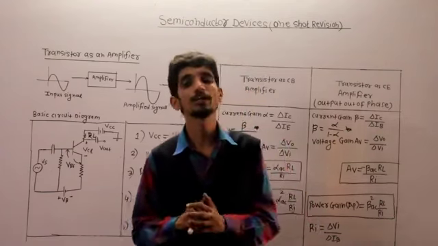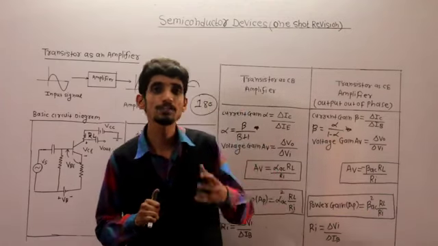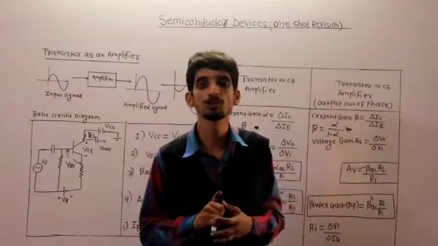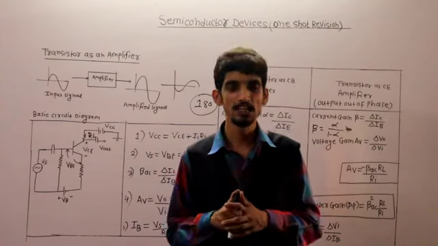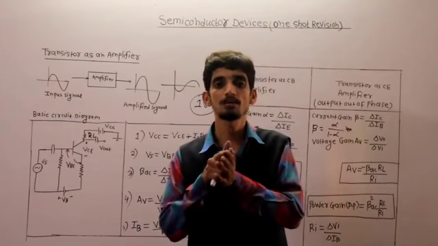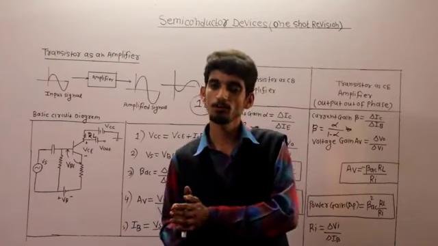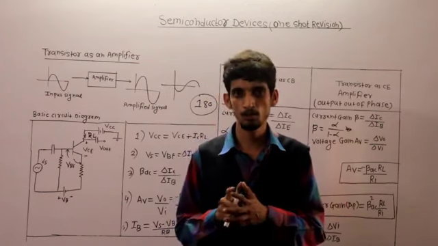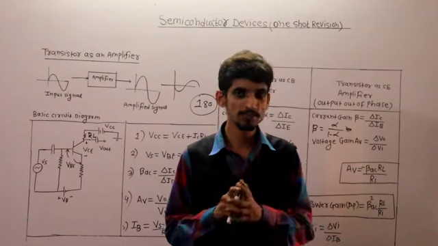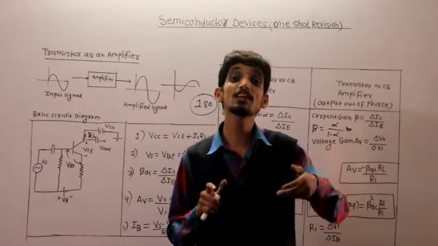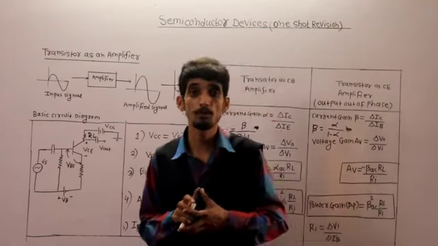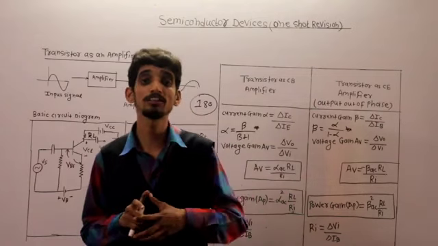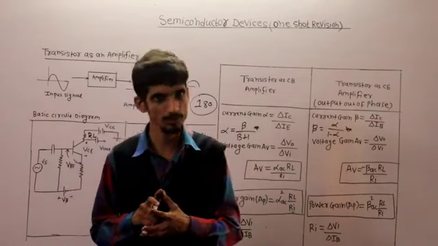Clear? So in this lecture, we have completed a short revision of semiconductor devices, in which the first part was semiconductor physics. Afterwards I discussed diodes, that is the PN junction diode in forward bias, reverse bias, and its modeling. Then the Zener diode as a regulator, which is also an important topic, where I discussed the regulator application of the Zener diode.